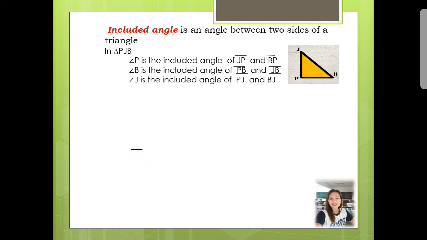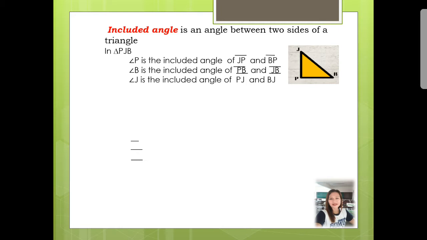Angle J is the included angle of side PJ and side BJ. As you can see on the given figure, we can find the included angle.